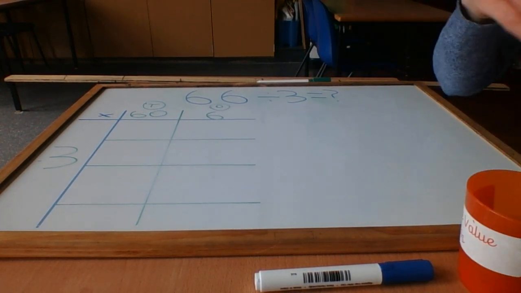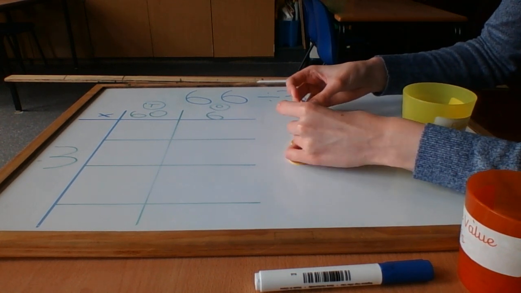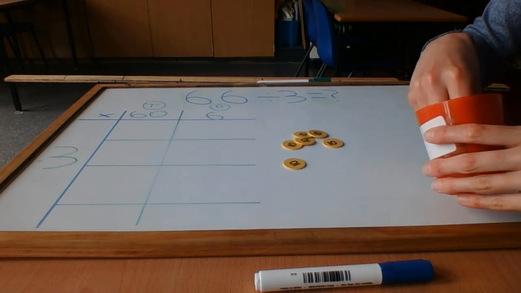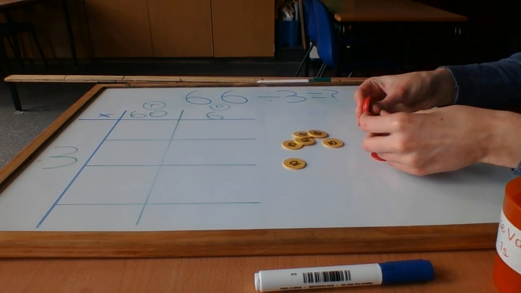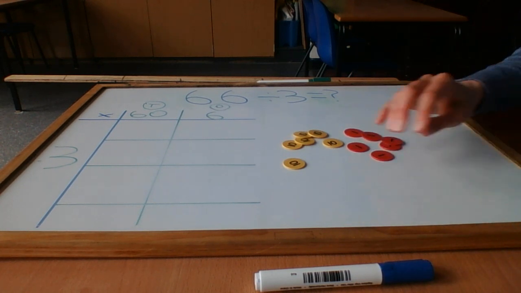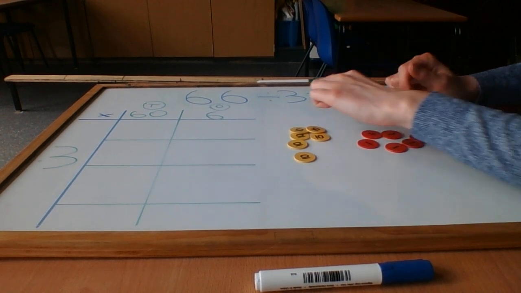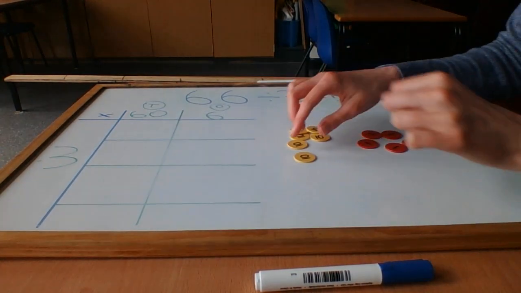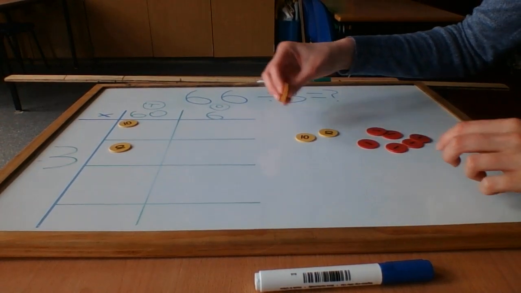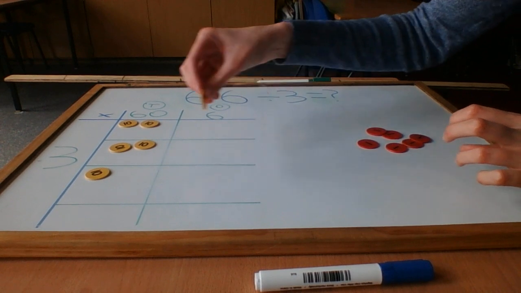So I need 6 tens. 1, 2, 3, 4, 5, 6. 6 tens and 6 ones in 66. 1, 2, 3, 4, 5, 6. And then, as always, I'm going to split up my tens and then my ones between my 3 groups. 1, 2, 3. 1, 2, 3.